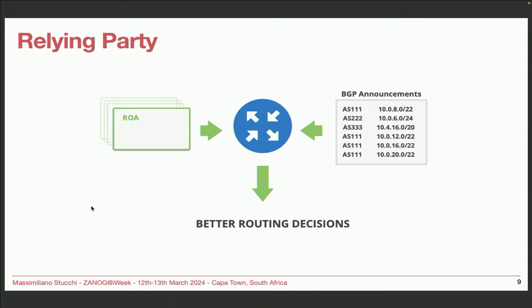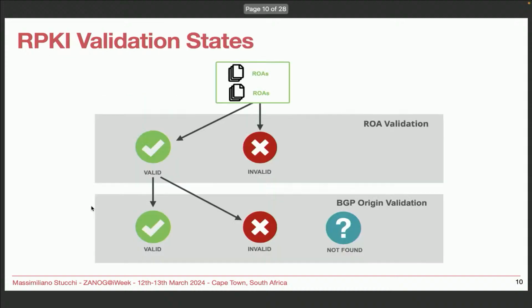As was explained in the previous presentation, this is where things can go wrong in a way. There's a decision tree you have to follow, and there are two parts. One is the ROA validation. A ROA can be valid or invalid by itself, invalid if the certificate has expired, if the signature on it has expired, and so on.